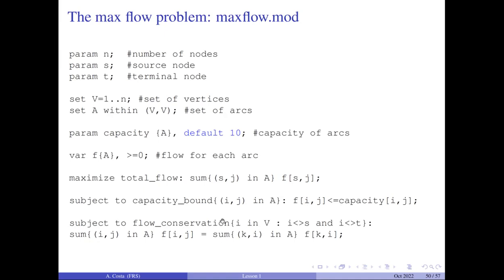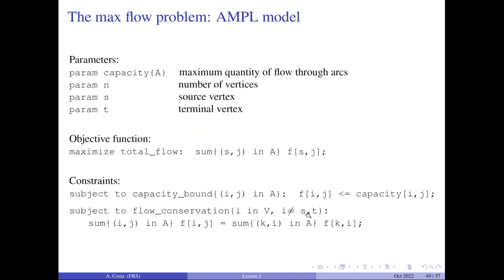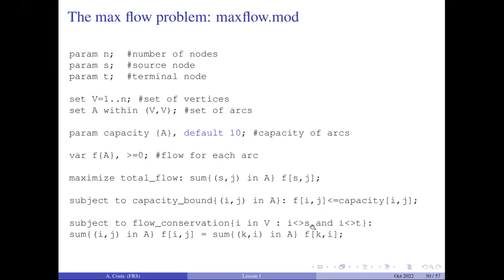And then the flow conservation is what I said earlier. This symbol here, smaller-greater, means different. So what I wrote here, I different from S and T, we can write like that: I <> S, and I <> T. So this is the model.